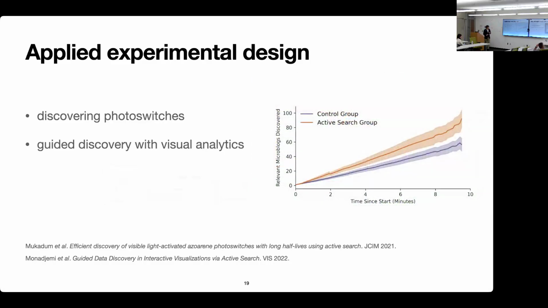So we're able to see that by being aided by machine learning on this particular active search, the media explorer is able to find more relevant data points than someone who's not aided by machine learning.